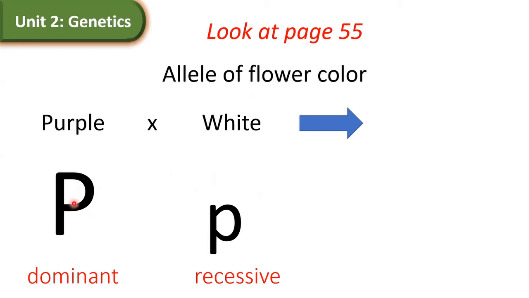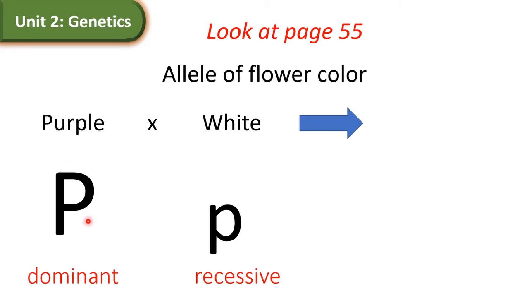Here's my tip: you can use any letter of the alphabet, so look at the first letter of the dominant trait. Our dominant trait is purple, which starts with the letter P, so P is the letter used for both the dominant and recessive alleles.